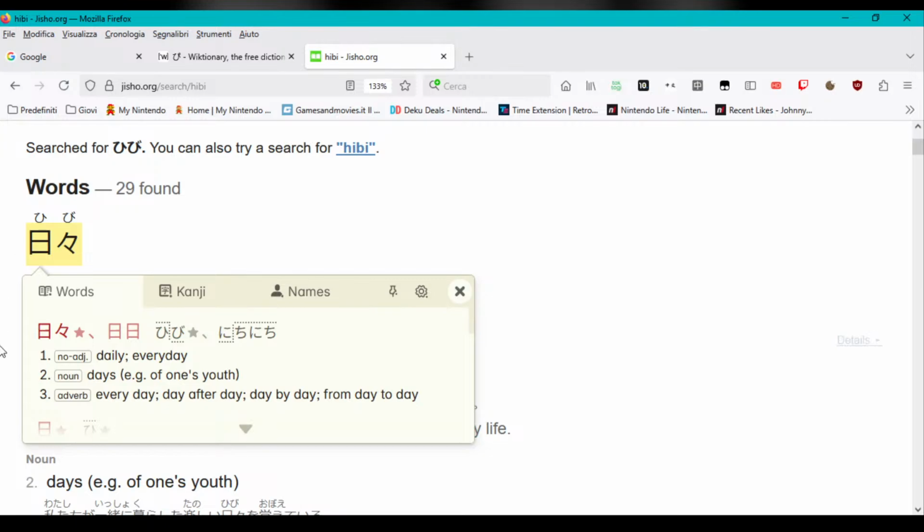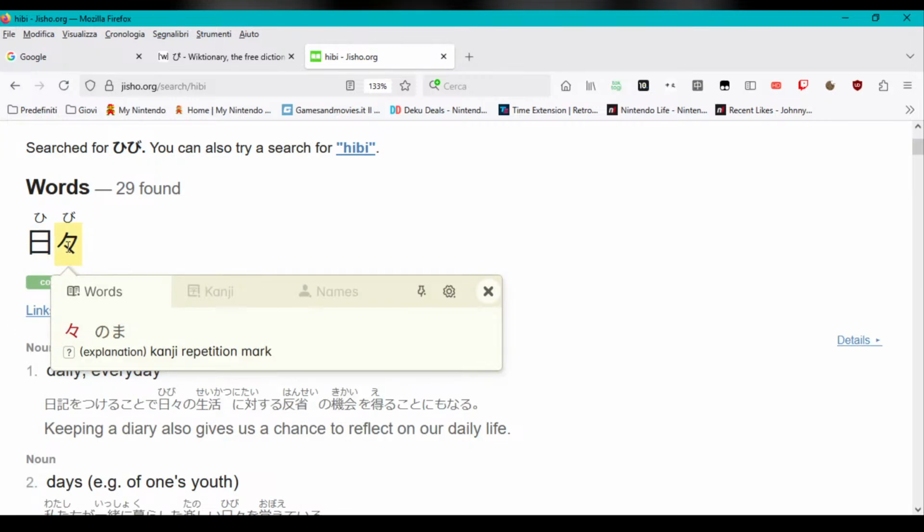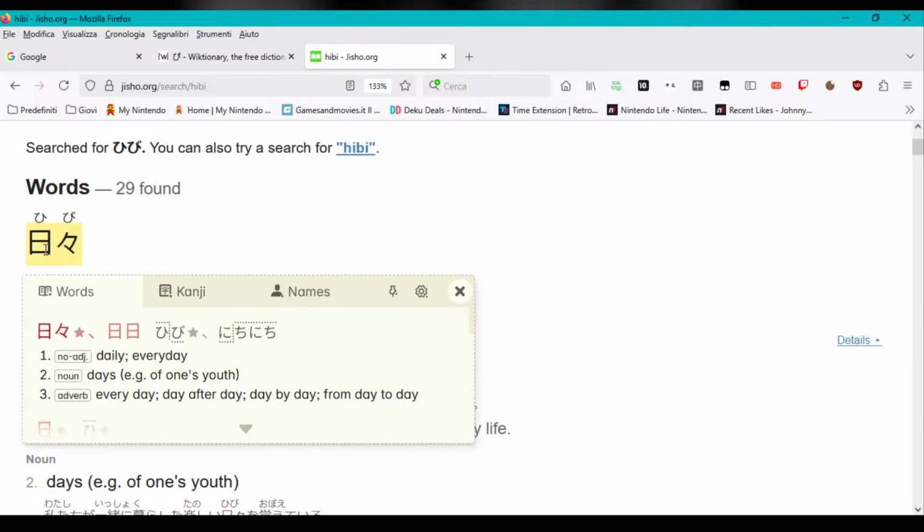There's even the kanji repetition mark, which we have seen before. We'll see it again, but it's good to already see it again, so it might stick more. And yes, means daily, every day, literally days, for example, of one's youth. And so also every day, day after day, hibi.